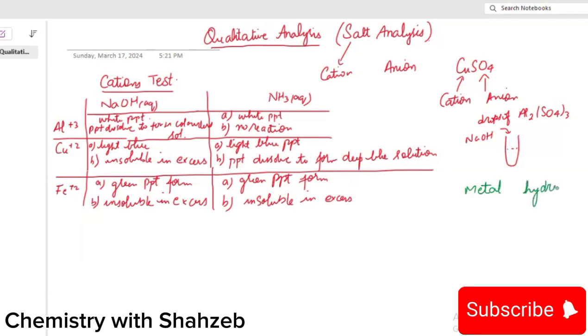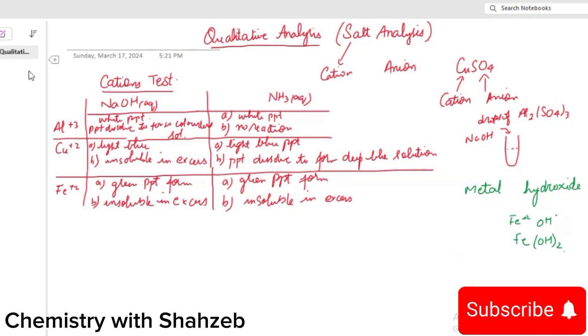If you ask me why the green precipitate forms, I would say that Fe, which is a metal, combines with hydroxide ions, so the formula becomes Fe(OH)2. The green precipitate which forms is because of the formation of iron hydroxide.